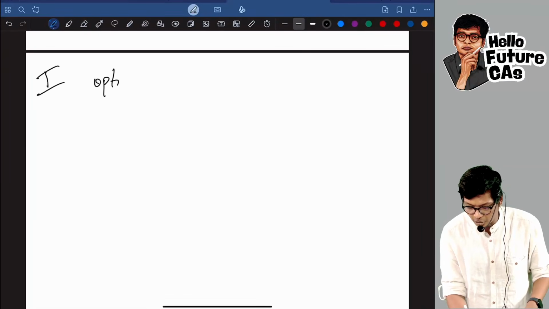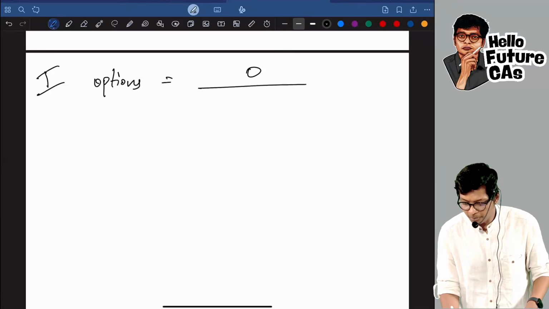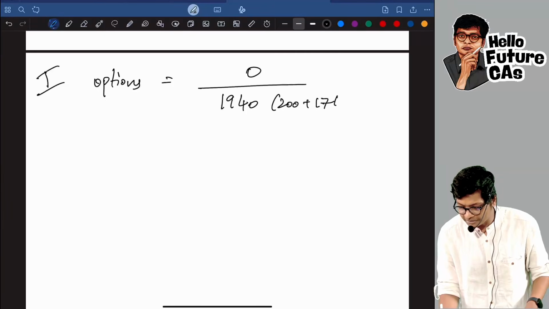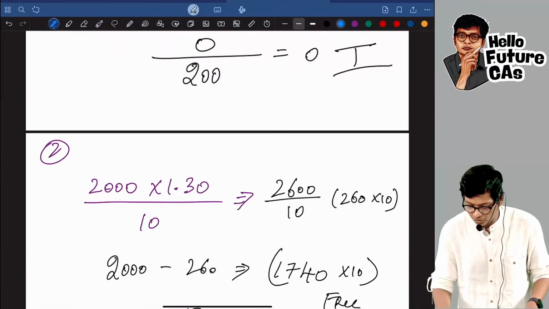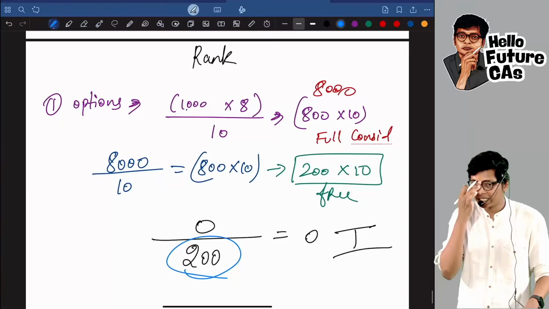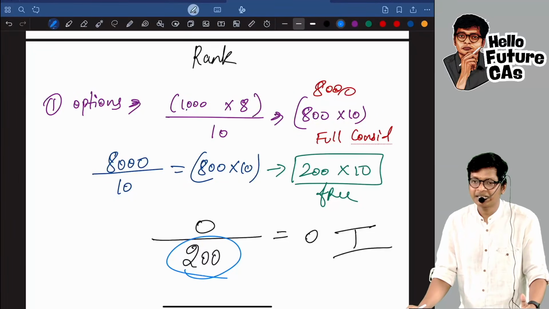First I will add options with numerator impact 0, denominator I will add 1940, which is nothing but 200 plus 1740. Are you all getting it, guys? Are you all with me? Are you all understanding?